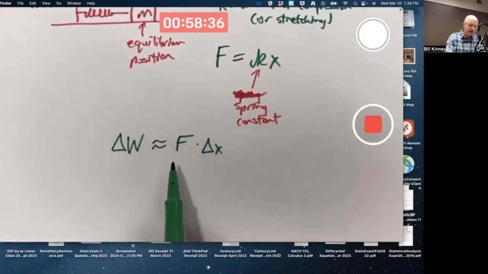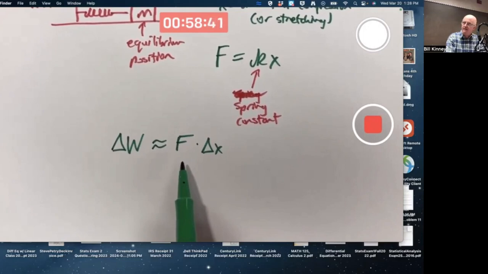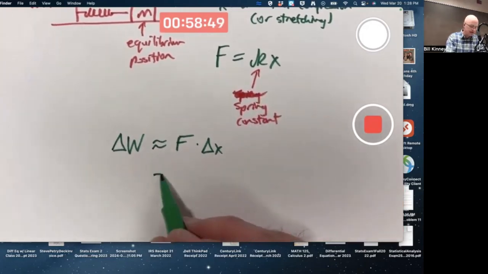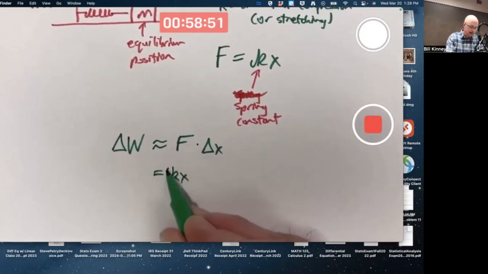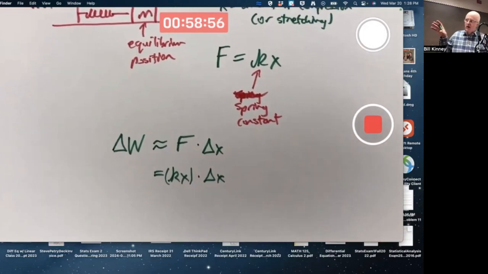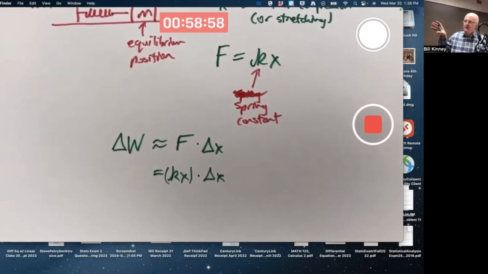This is an approximation because the force is only approximately constant, times that small amount of distance. What is that approximately constant force? Use K times X. K times X times delta X. That's the small amount of work necessary to stretch the mass a tiny bit further.